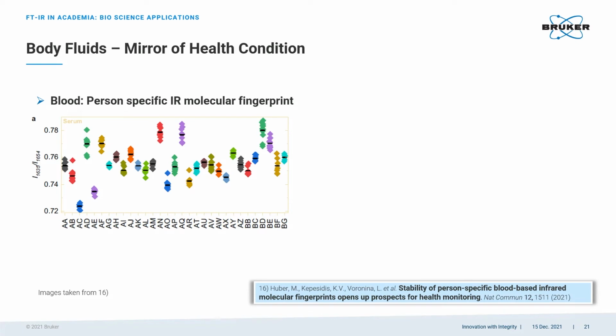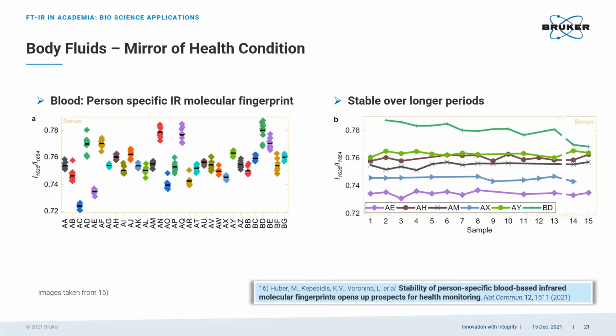In this regard, I would like to present the results of a study where blood samples were taken from many individuals and measured by IR spectroscopy. One of the findings was that the characteristics of the IR spectrum is quite person-specific. And the next finding also was that these characteristics stay very stable over longer periods of time, so even over the course of weeks and months.